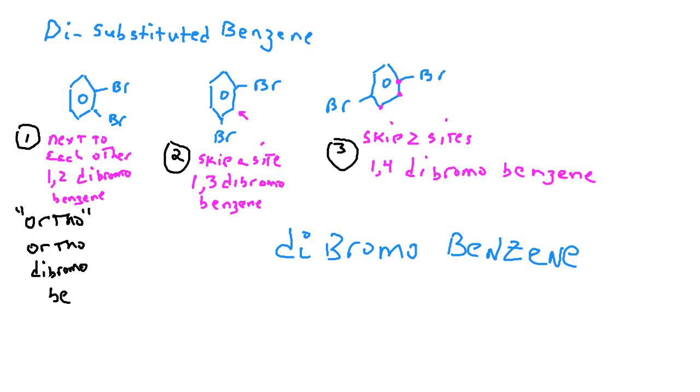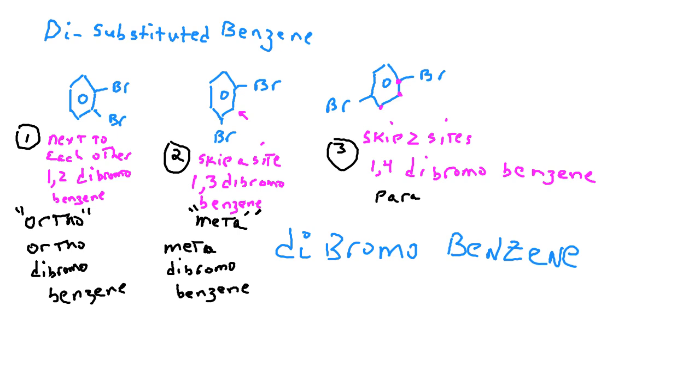This is called meta, so this thing would be called meta dibromobenzene. And finally, when you skip two sites, this is called para. I'll put these in quotes. So this final one would be para dibromobenzene.